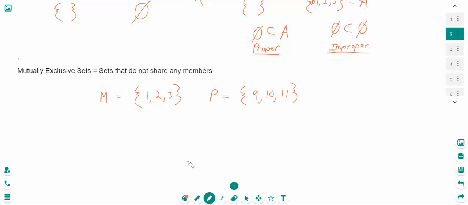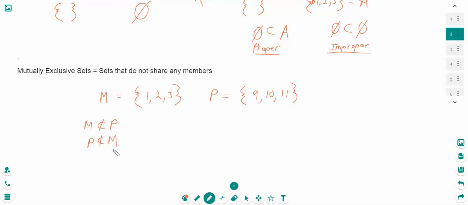All right? Is M a subset of P? And the answer is no, it's not. So that much we can say. M is not a subset of P. All of M is not also in P. We could also say that P is not a subset of M. All right, so that much is clear.